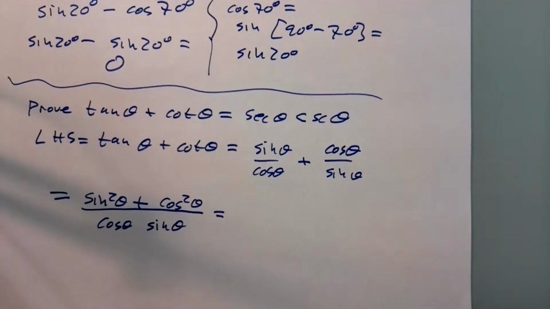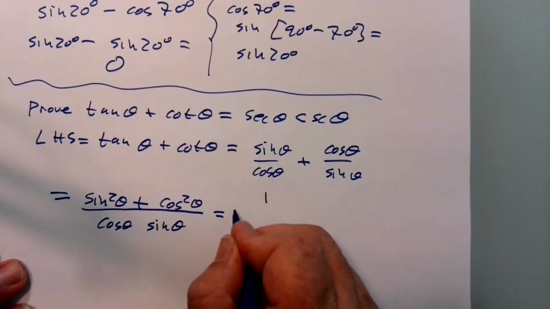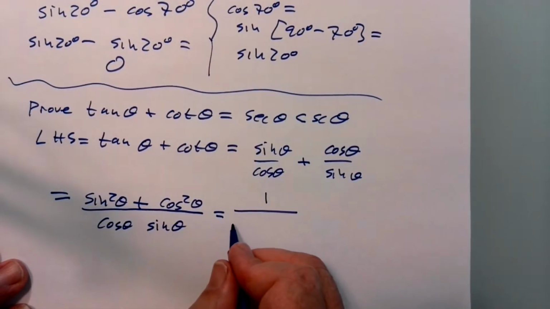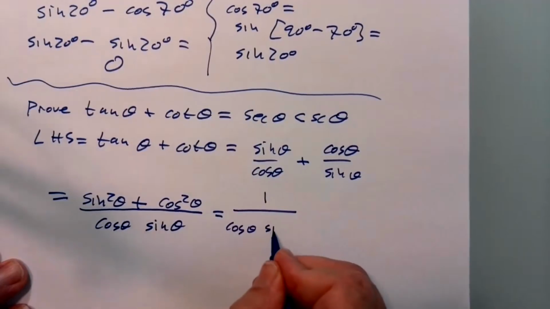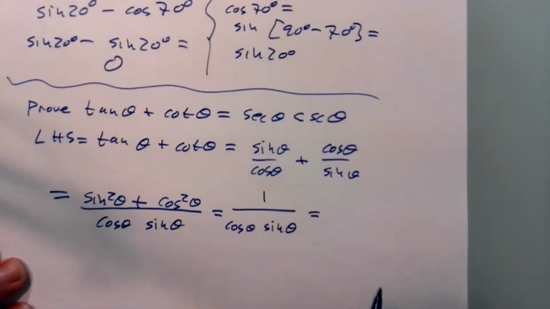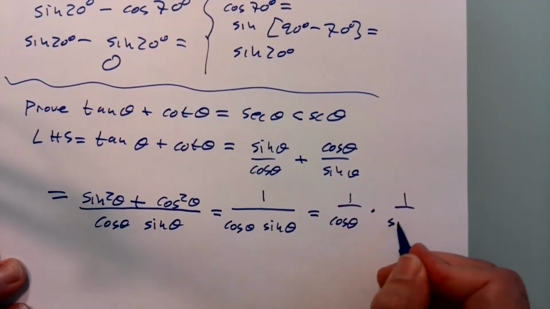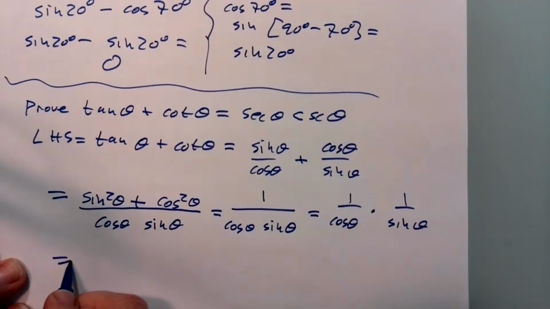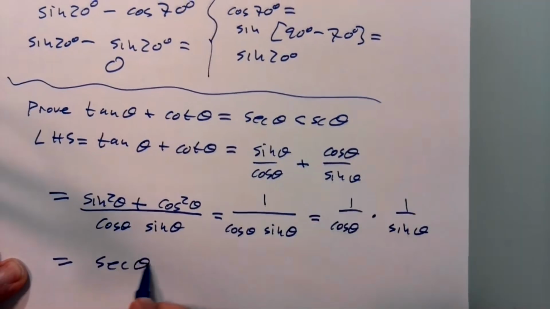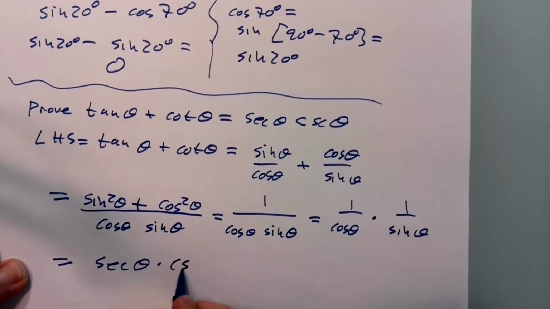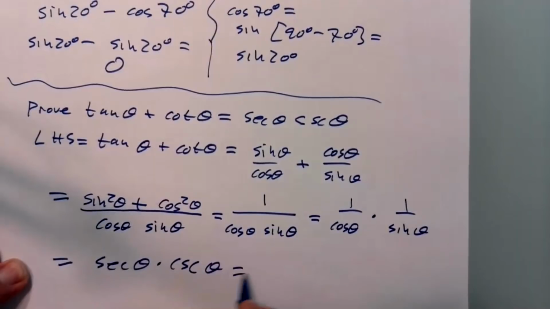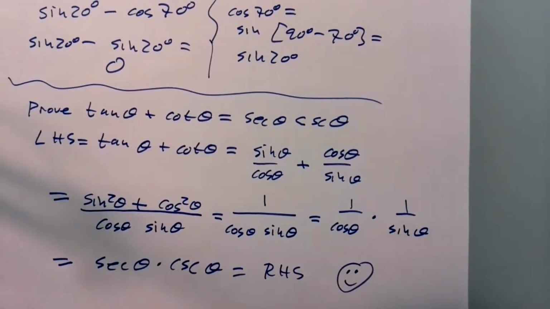And I hope you recognize that sine squared theta plus cos squared theta is 1. So we get 1 over cos theta sine theta, which equals 1 over cos theta times 1 over sine theta. 1 over cos theta is sec theta. 1 over sine theta is cosec theta. And that is my right-hand side, and we are finished.